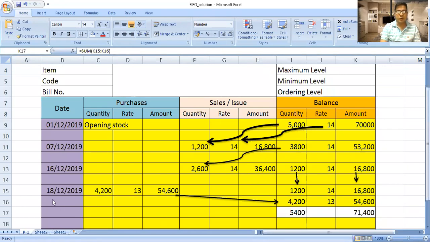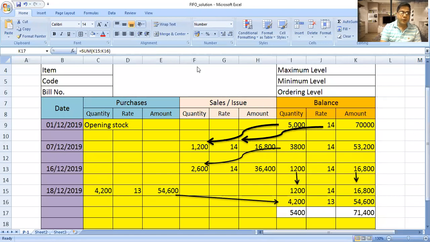Now on 18th December, we have stock in our warehouse: 4,200 at rate 13, and 1,200 at rate 14. I hope you understood what is going on.